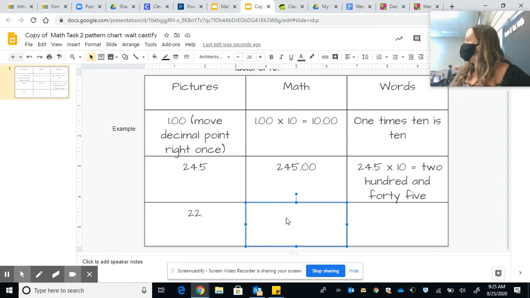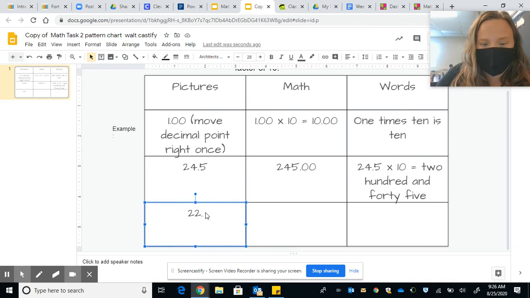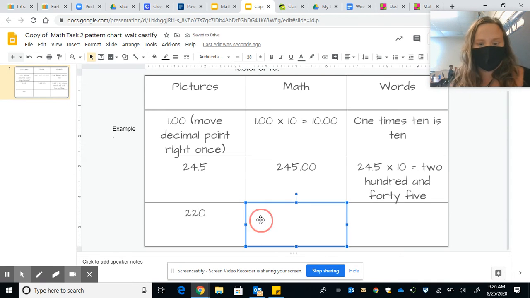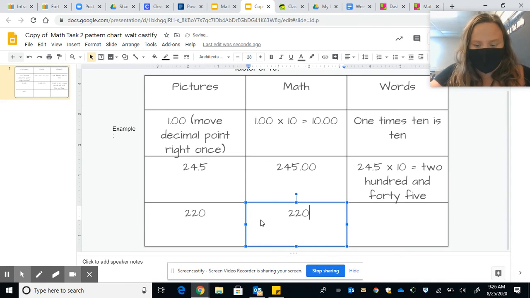All right, and if we increase 22 by a factor of 10, what's our new number? We're taking this decimal point and moving it over 1. So it turns it into 220.